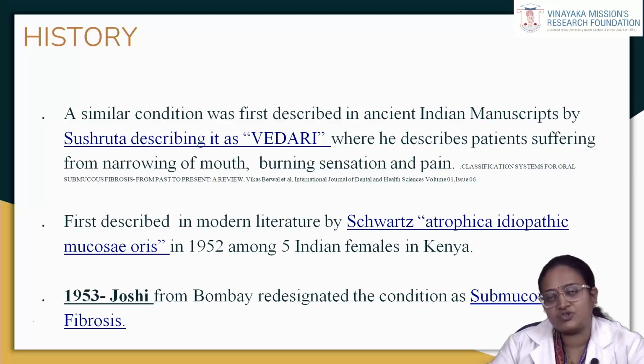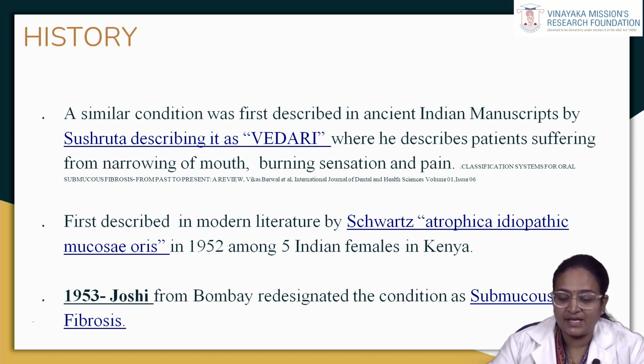So coming to the history of oral submucous fibrosis, it is not a newly recognized disease. In ancient Indian medicine, the sutras describe a similar condition called Vedatri, where the patient experienced burning sensation and pain and inability to open the mouth.